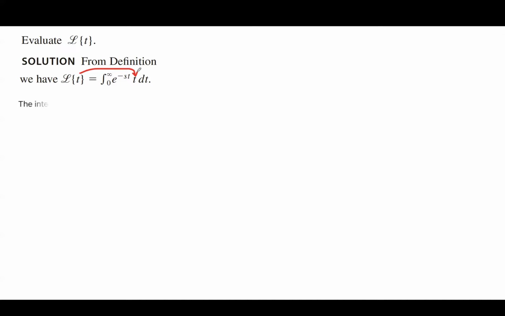Remember that in order to calculate this integral, we need to use integration by parts. The integral of u dv is uv minus the integral of v du. We need to select the proper u and dv. Let us take u to be t and dv to be e to power negative st dt.